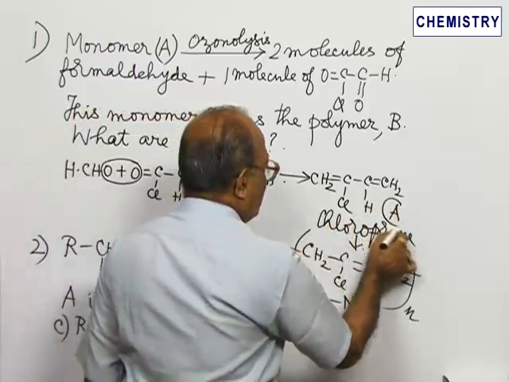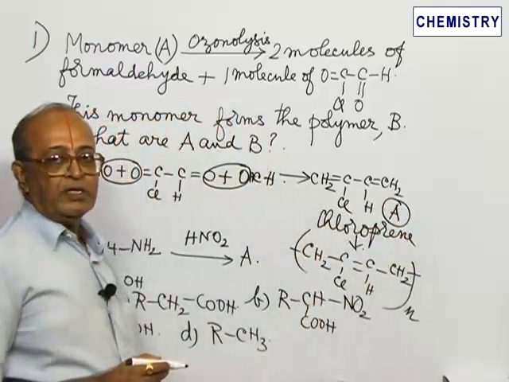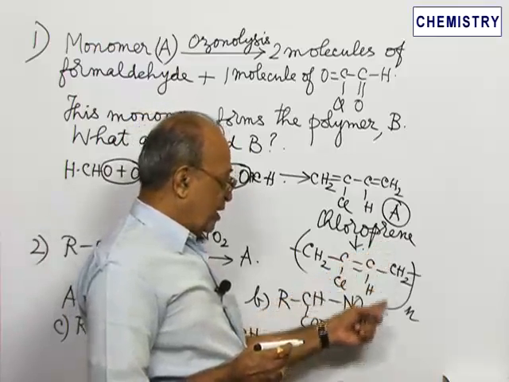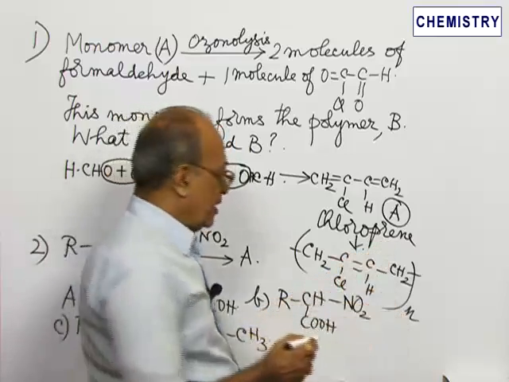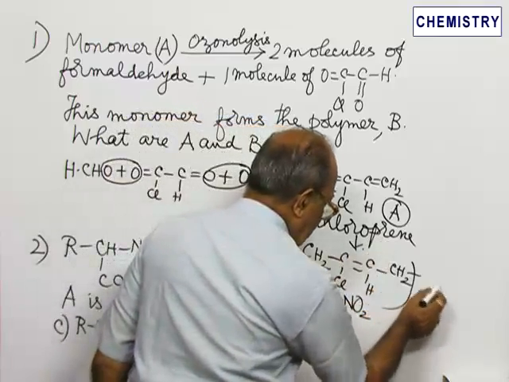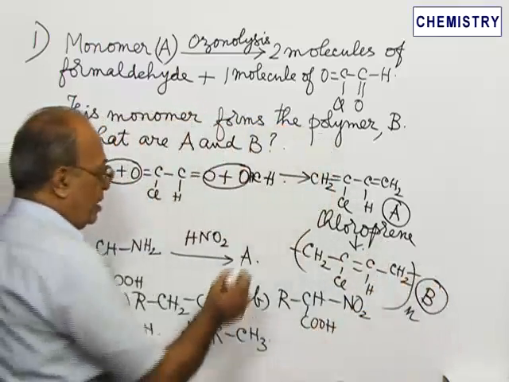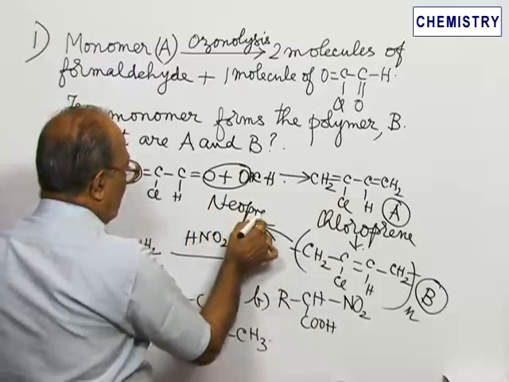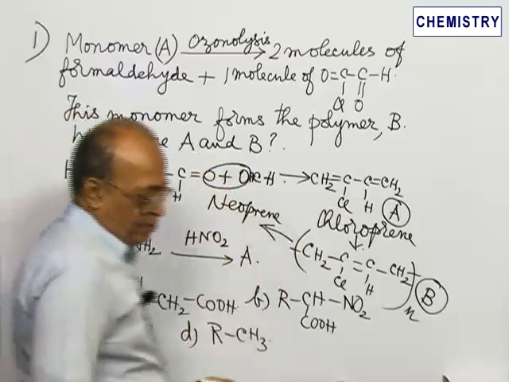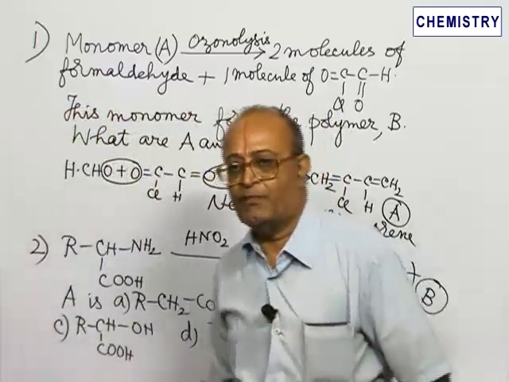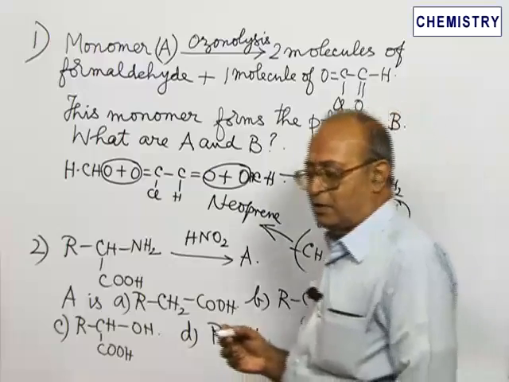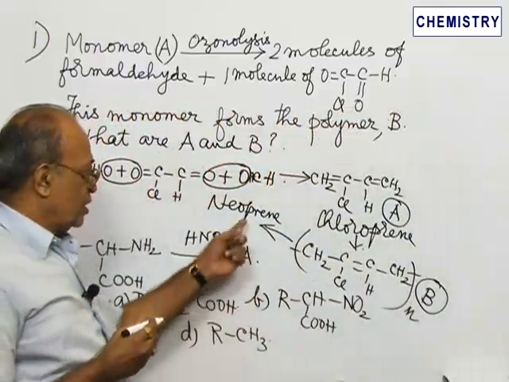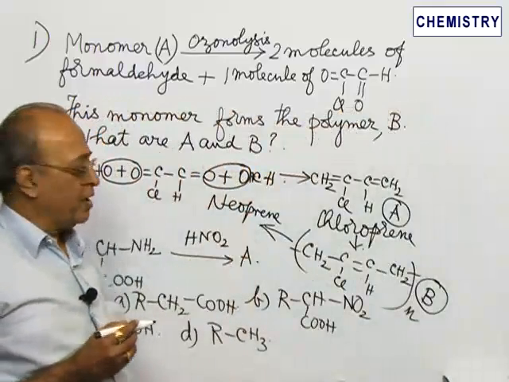So, A monomer is chloroprene, from which, from polymerization reaction, I get this polymer B, which is known as neoprene. So, in the previous session, we have already seen chloroprene, the monomer, undergoes polymerization reaction to form neoprene.